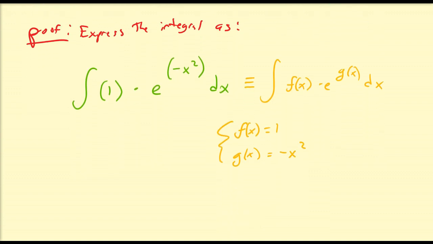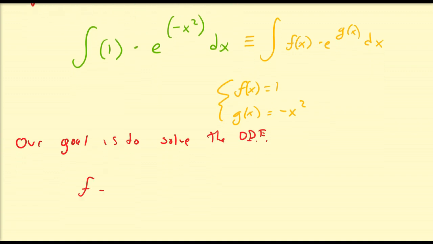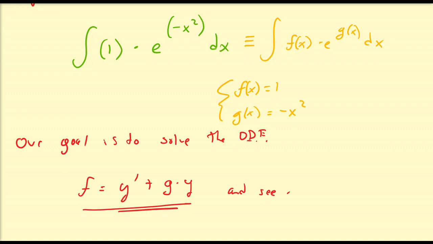All right, so our goal is to solve the ordinary differential equation given by f is equal to y prime plus g times y, and see if the solution y is a rational function of x.